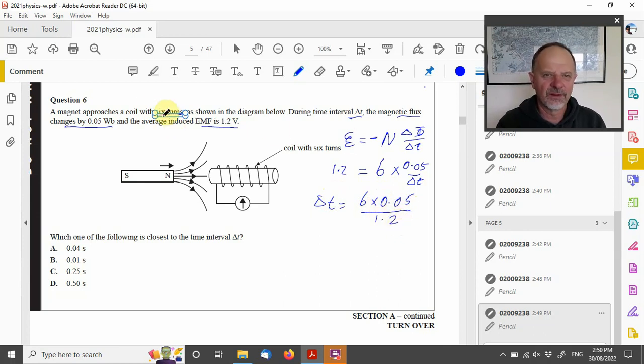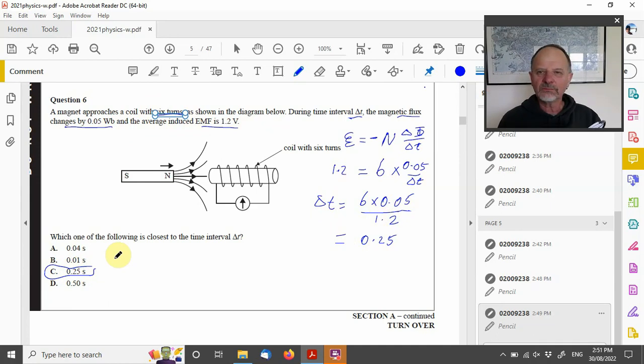They are all standard units, so there's no conversions going on. When you do that, it becomes 0.25, so closest to 0.25 seconds that the change is occurring over.